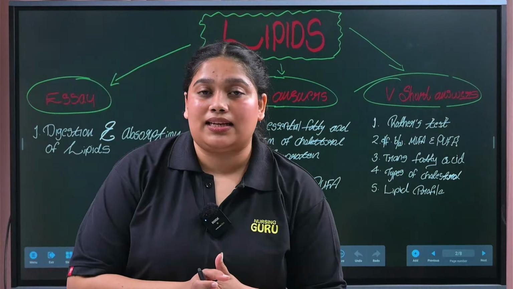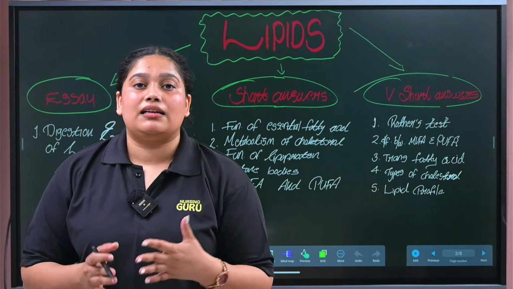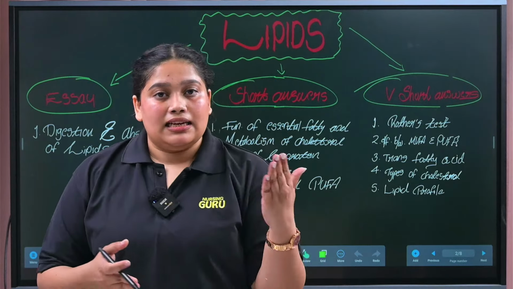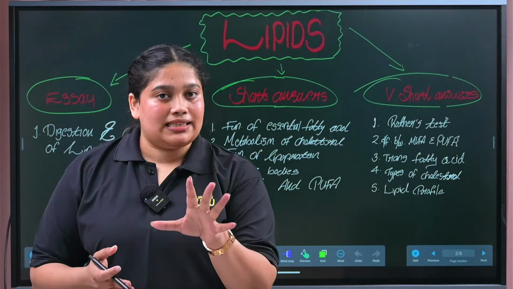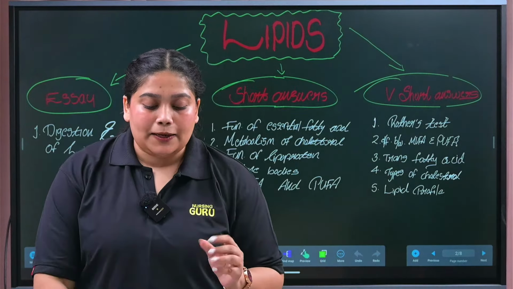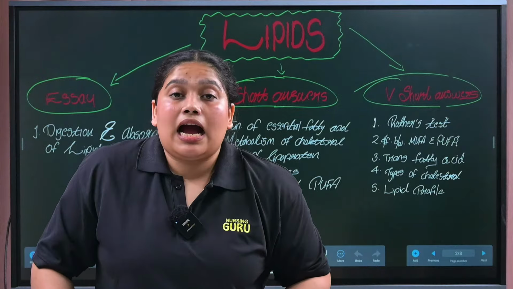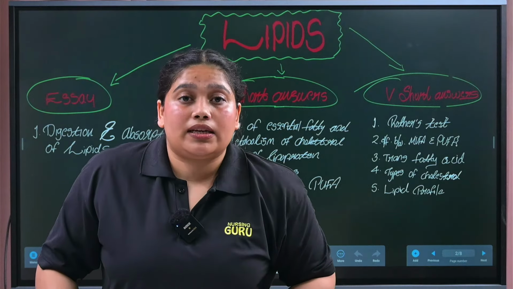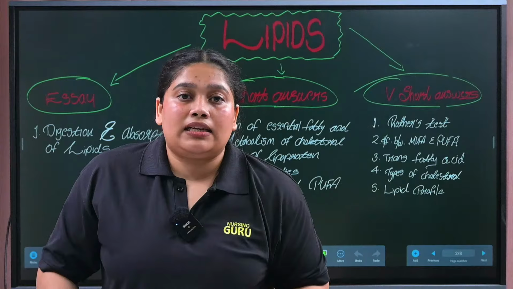And we'll move on to the third question, functions of lipoprotein. Same like that, mention what is lipoprotein and write down the functions, at least 10 functions. Mainly lipoprotein has a classification, so you can include the classification to write the functions.